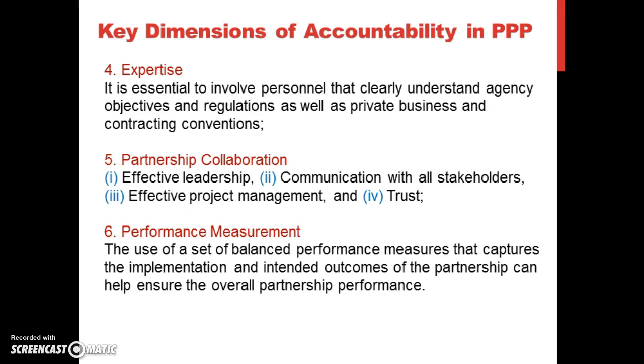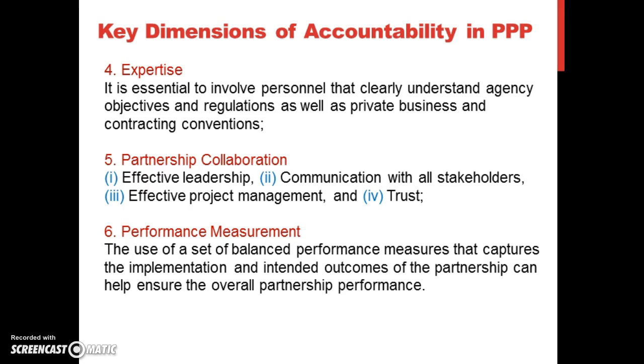The fifth key dimension is partnership collaboration. Higher degrees of human connection in PPP will lead to the success. The course reading identifies the key 4 elements for collaboration in PPP. First, effective leadership. Second, communication among stakeholders.